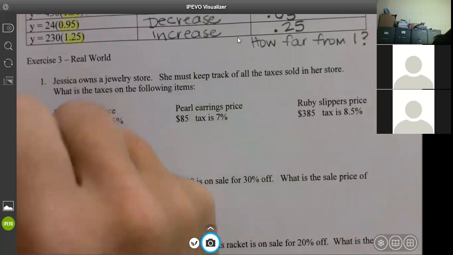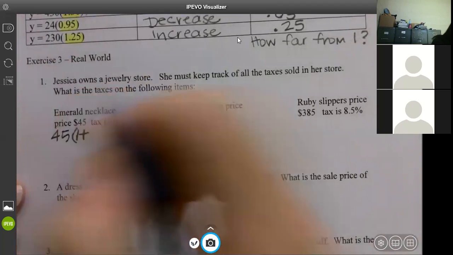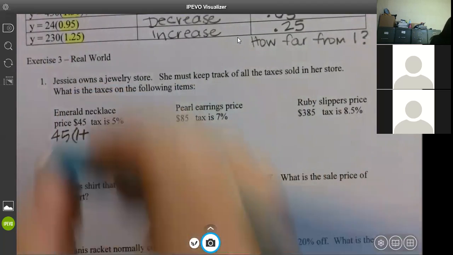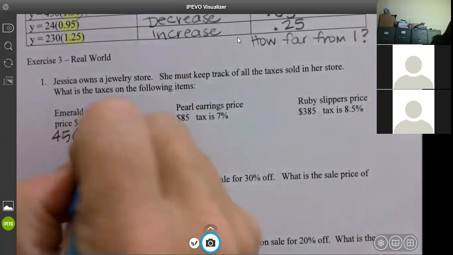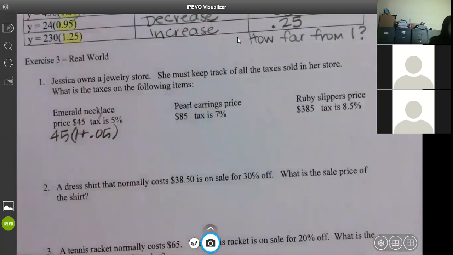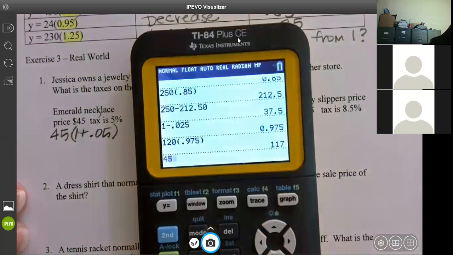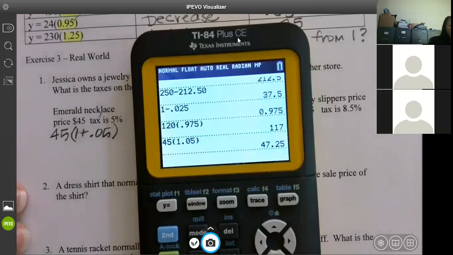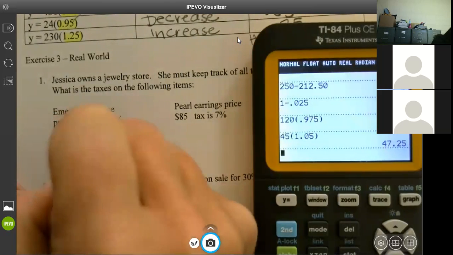So our formula says 45, 1 plus, how do I write 5% as a decimal? When I put this in my calculator, what would my multiplier be? My new price is going to be $47.25. It didn't ask your new price.